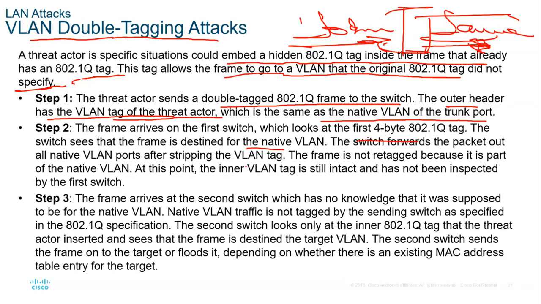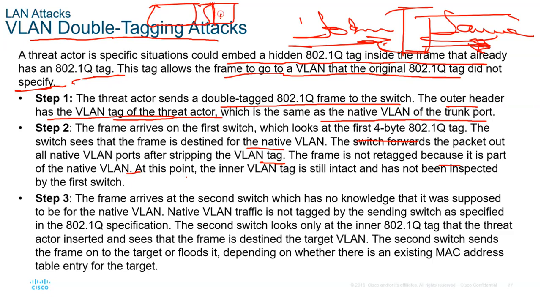After stripping off its VLAN tag, the tag that identifies it as native, the frame is not retagged because it is part of the native VLAN. At this point, the inner VLAN tag is still there. Remember, it's a frame with 2 tags.